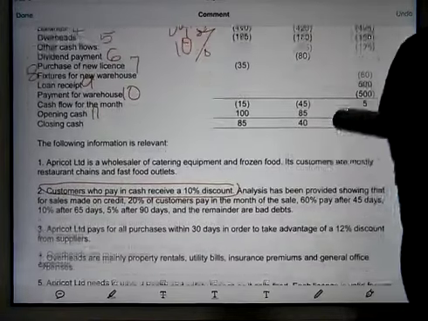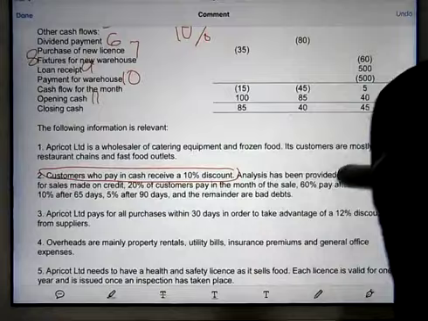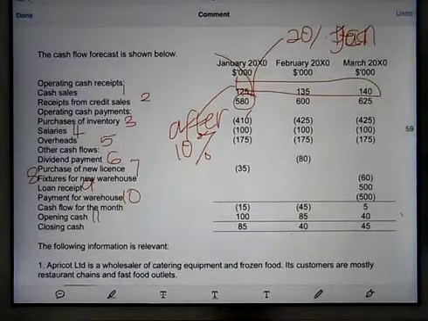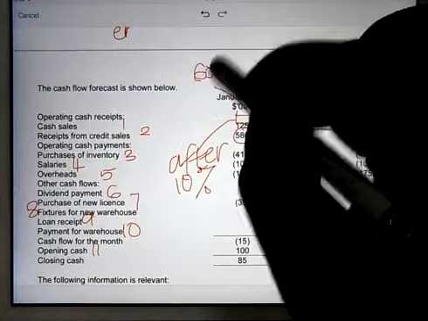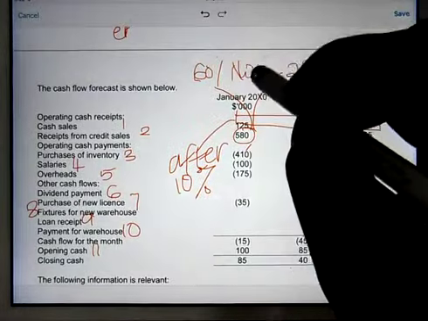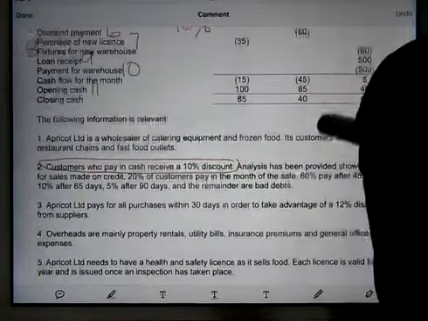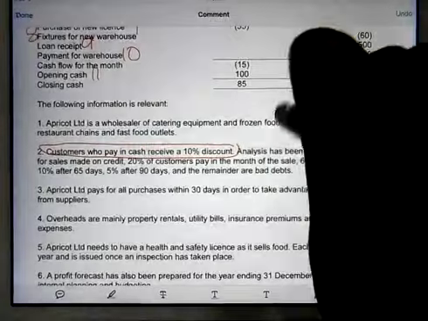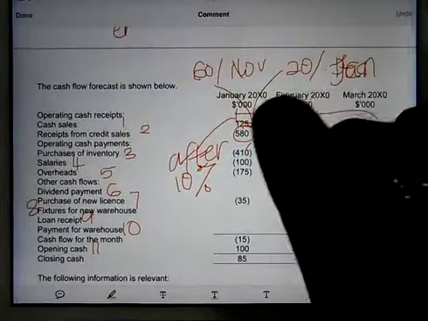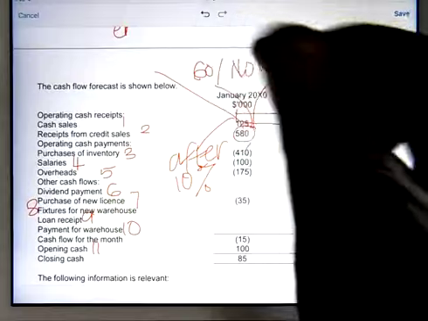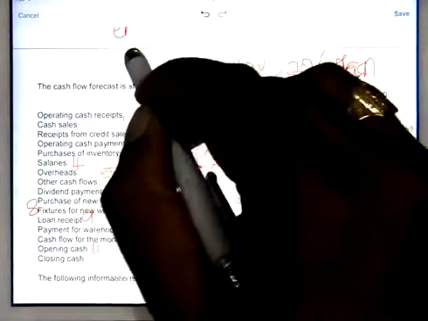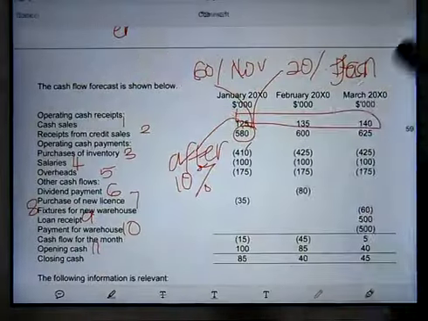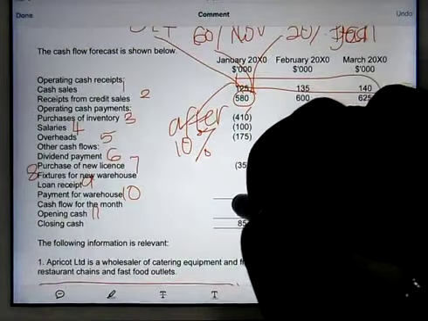Then the next one will be 60% after 45 days. That means 60% coming from November already, right? Then another 10% after 65 days. That means this one will be coming from October, right? Can you see how that sales is breaking down now?